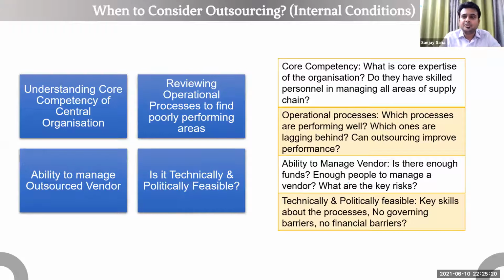It is WFP's responsibility to make sure that they have the right processes in place to manage the vendor, and they are also monitoring their performance in a timely manner. Okay, so if your organization is not able to do that, then you might not want to go for outsourcing, because that would mean having a dedicated team of people who are actually managing the vendor itself.